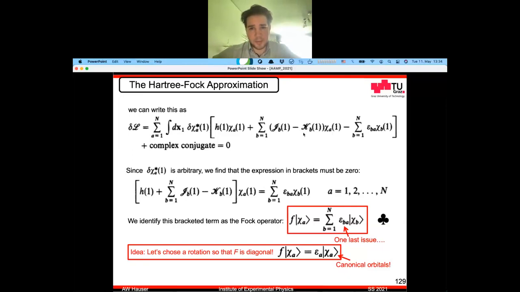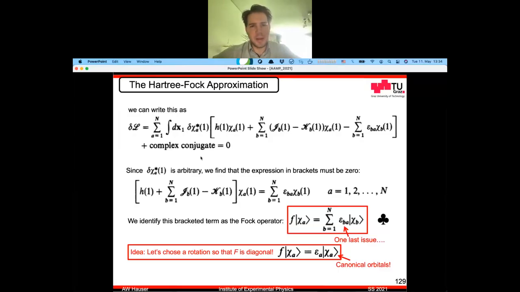Because they're all interacting with the electron that I'm working with. And then I have what remains from my Lagrangian multiplier, which I introduced, sum over B equals 1 to N over chi B times epsilon BA.